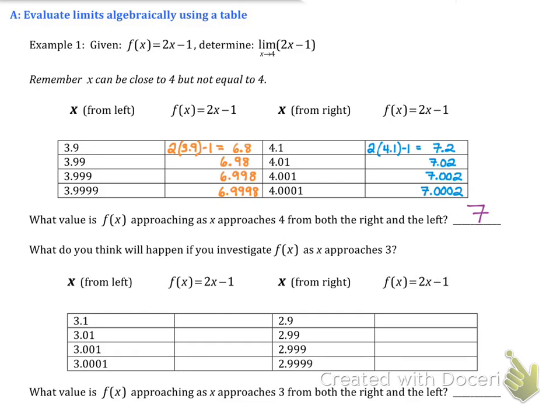All right, so what do you think's going to happen if you investigate f of x as it approaches 3. Alright, so take a moment, pause this video, and try to fill out this chart and see what it approaches.